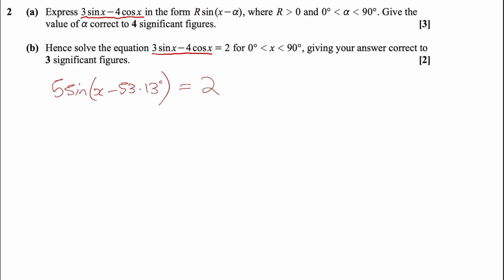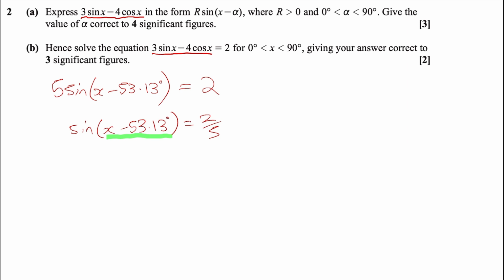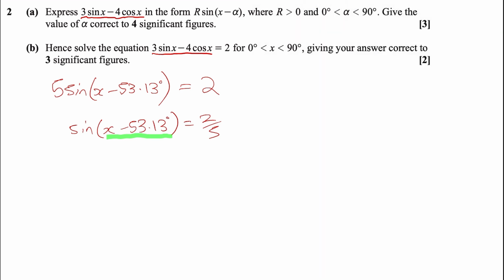Now, how do we solve a trig equation like this? Well, we need to divide by 5 first to get 2/5. Then, to get this bit in brackets on its own, we are going to take the sine inverse.